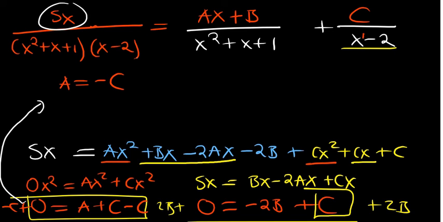So we have our C being equal to 2b, right? And then we can now have the other equation. The x can disappear.